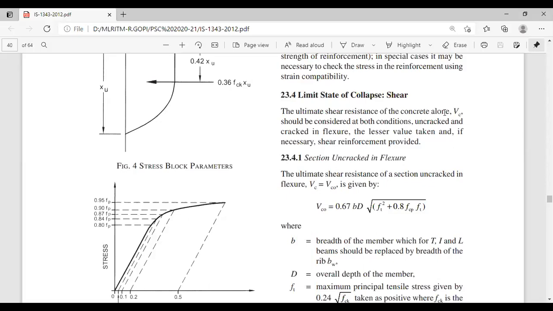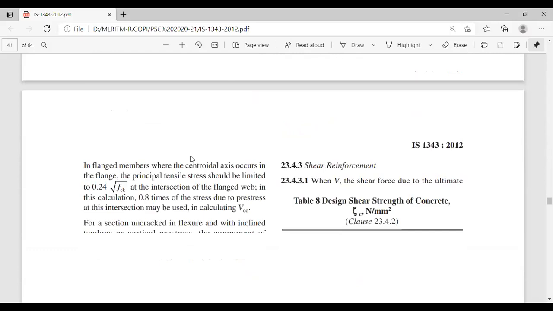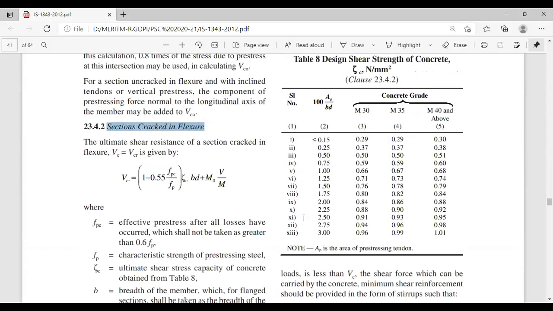So the ultimate shear strength of concrete alone is VC. So VC is the shear taken by the concrete. It should be considered in both conditions, uncracked and cracked in flexure. The lesser value is taken, and if necessary shear reinforcement is provided. This point is very, very important. So we have to design the section uncracked in flexure and the next section cracked in flexure.